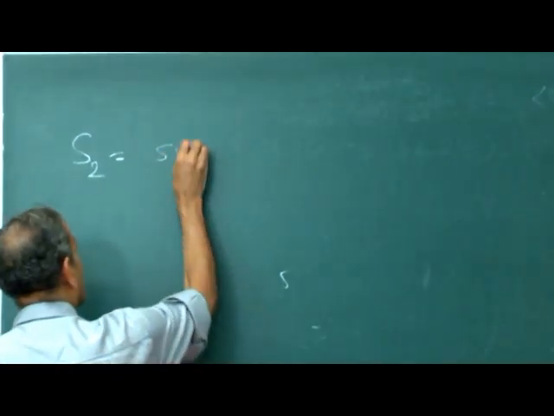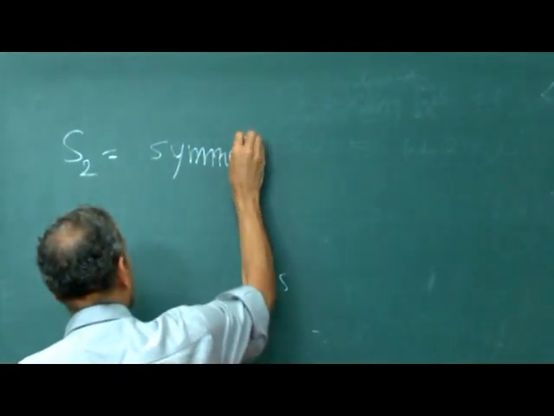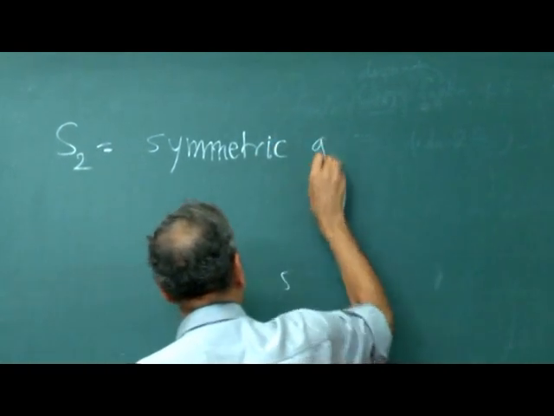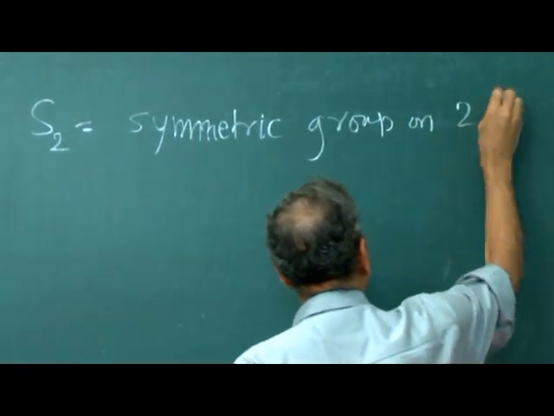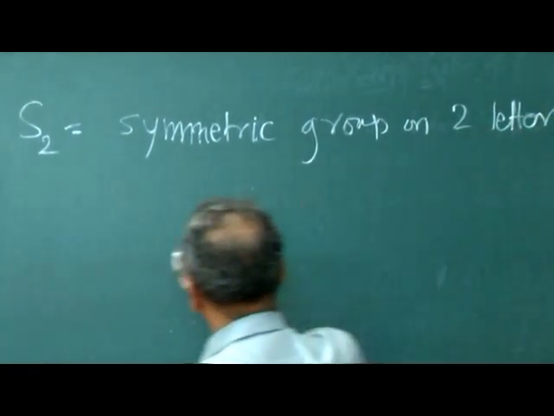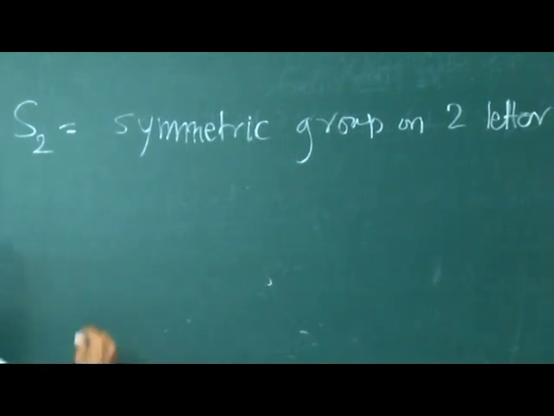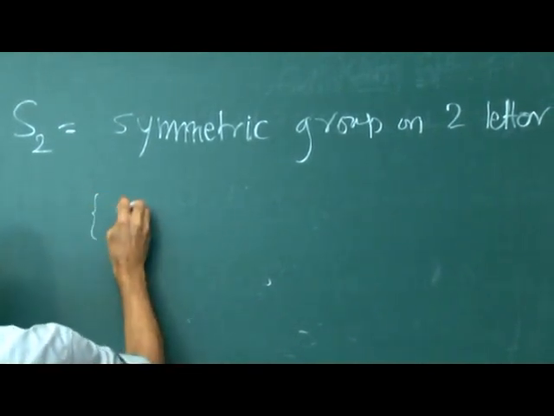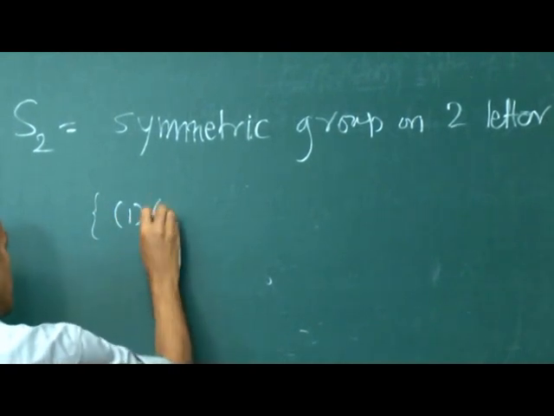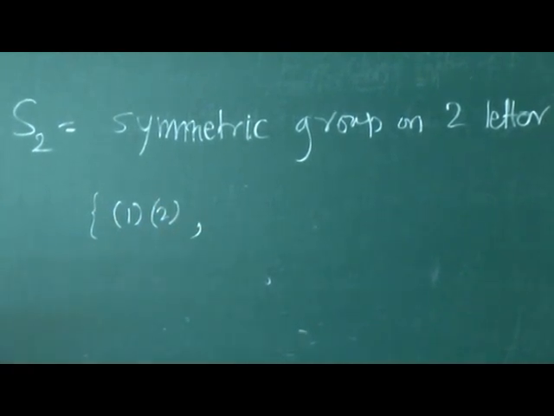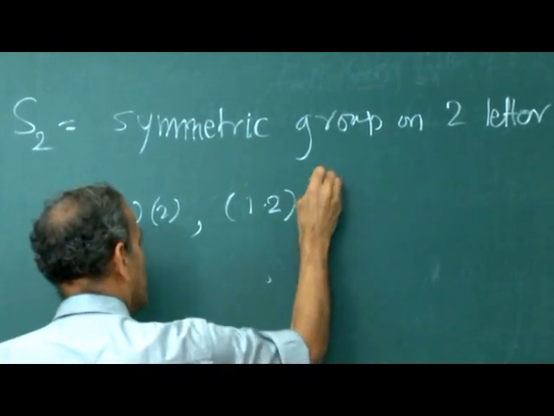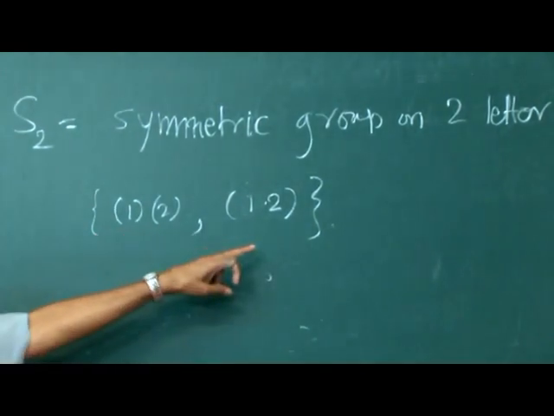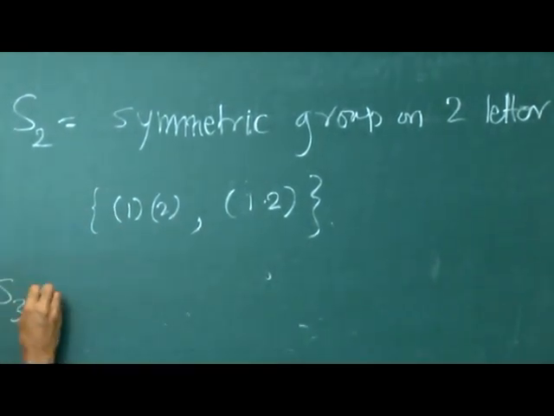S2 is the symmetric group on 2 letters, that is the set of all permutations of the letters 1 and 2. So it is 1 goes to 1, 2 goes to 2. This is one permutation. The second is 1 goes to 2, 2 goes to 1. So these are all the permutations. There are factorial 2.